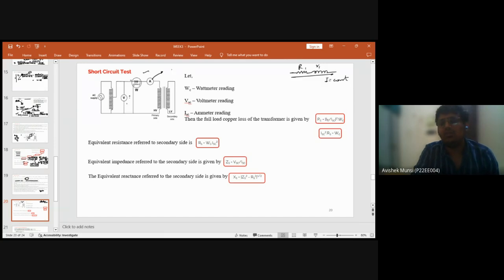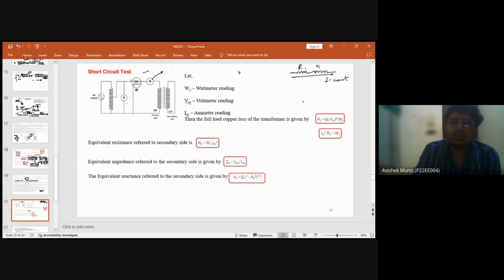If you change the voltage to the rated volt, at that instant we get the power, from which we can calculate the copper loss. This is basically the full load current by the short circuit current, squared, into Wc.